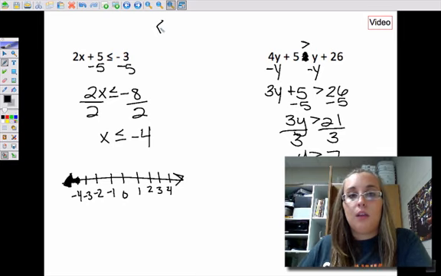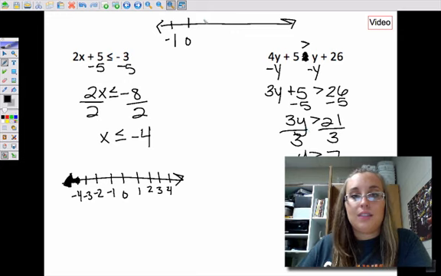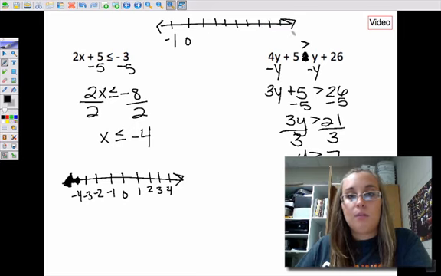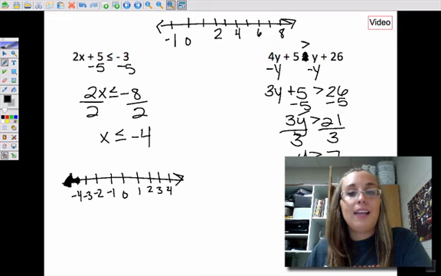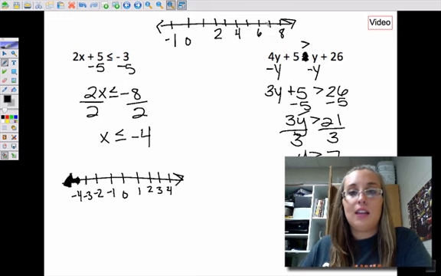So if I draw my number line, I'm going to start 0 over here this time since I know that I'm going to be having to go all the way up to 7. I'm going to go ahead and just make tick marks for everyone, but it's okay to just count by 2. So I'm going to go 2, 4, 6, 8, and I know that 7 is right here. So in this case, y cannot equal 7. It's anything bigger than 7. So since y cannot equal 7, I can't shade in the 7.